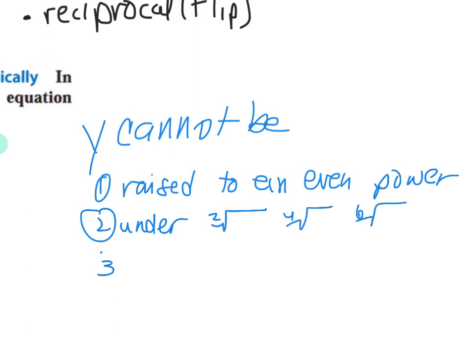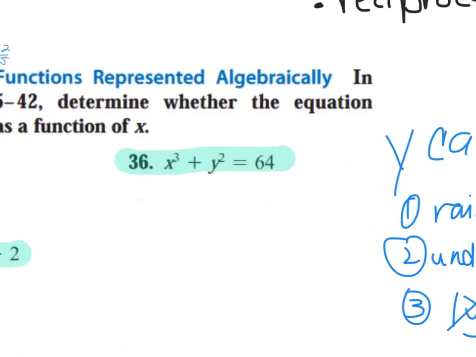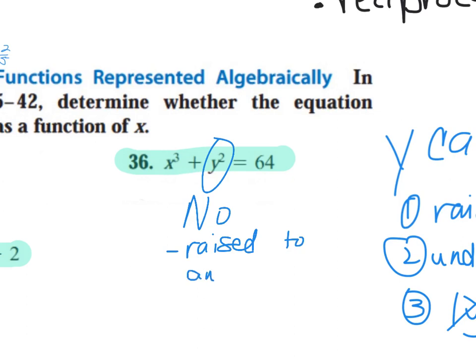And it also cannot be an absolute value. Anything else is fine. So if I look at this one, the only thing that matters is y. Is this a function, yes or no? No. Why not? Perfect. It's no because it's raised to an even power.